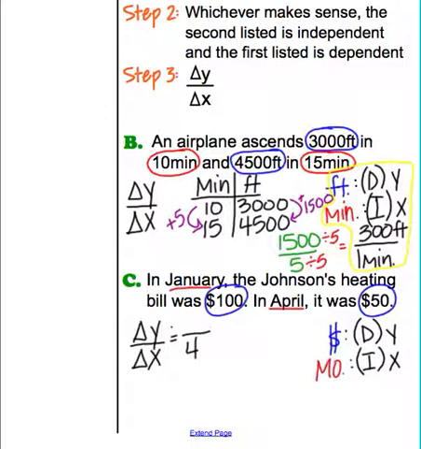And our change in Y, I go from 100 down to 50, which means that's negative 50. Now, I know that these are both divisible by 2. So then I have negative 25 over 2. Now it's not real nice, so yeah, it drops $25 every 2 months.